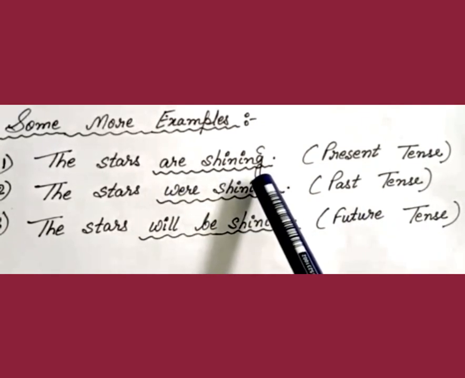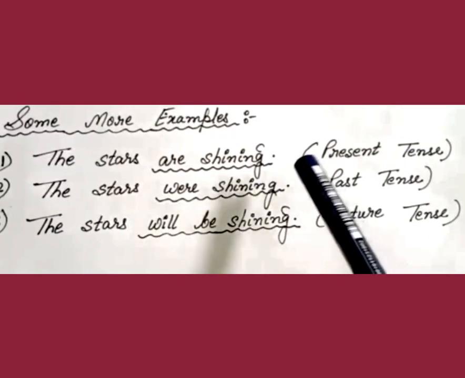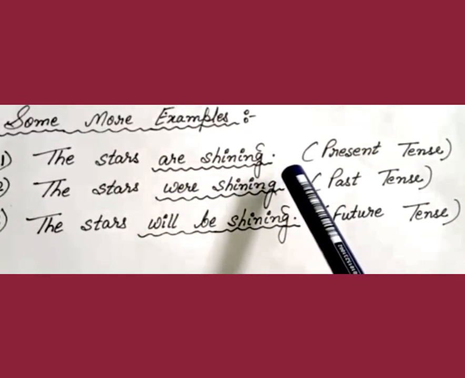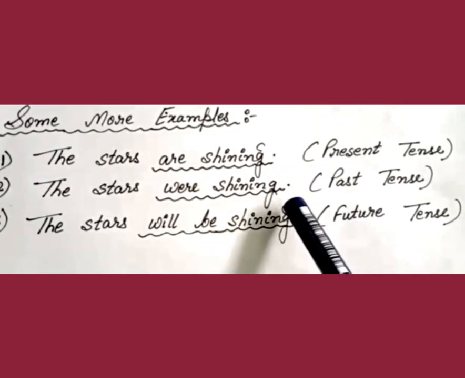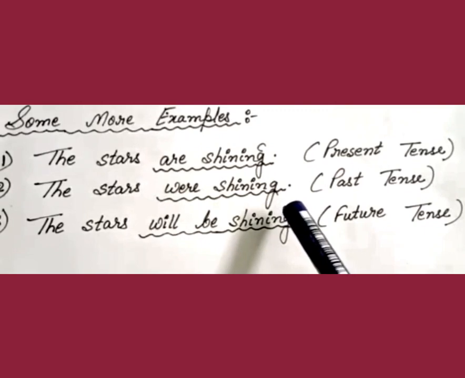So the first one, are shining, tells you that that action is being done right now. The stars are still shining now, so it belongs to the present tense. The stars were shining, that means an action which refers to the past time, the time that has gone by.